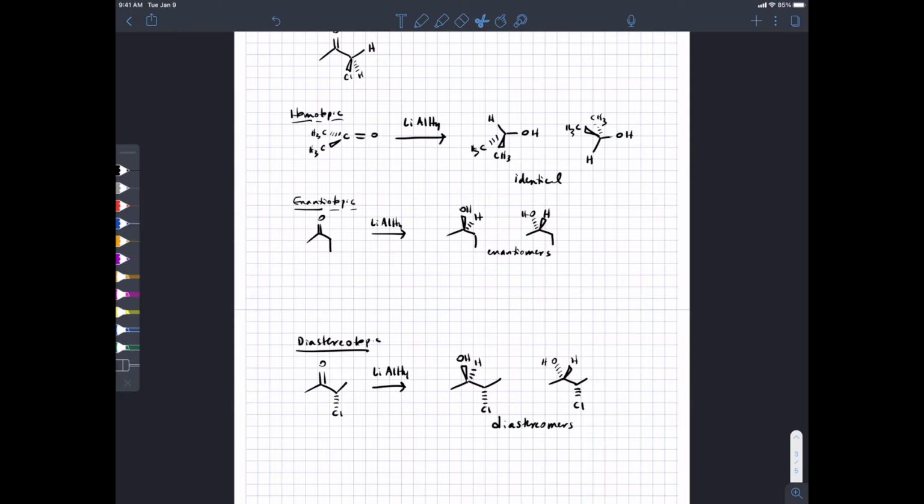Anytime you have a molecule that's chiral and you got a CH2 group, you should expect to see two different NMR signals. Now, just because two groups are diastereotopic and are technically different doesn't mean they have to have dramatically different chemical shifts. And so sometimes, depending on how close a CH2 group is to a stereocenter, the difference between two diastereotopic protons may be small enough so as to be negligible.